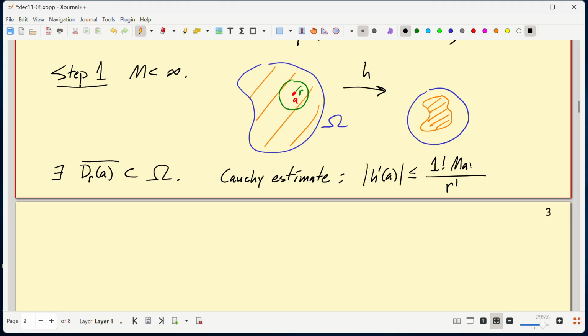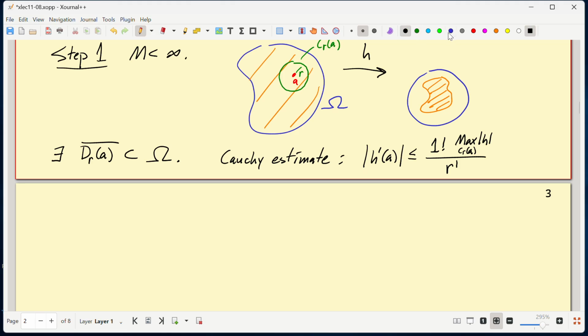So that would be the max of h on that little circle, C_r(A). And so that's finite. And in fact, you can let that r go out to the biggest it can get. That's the distance from A to the boundary.